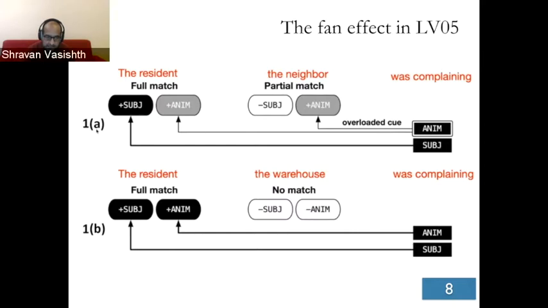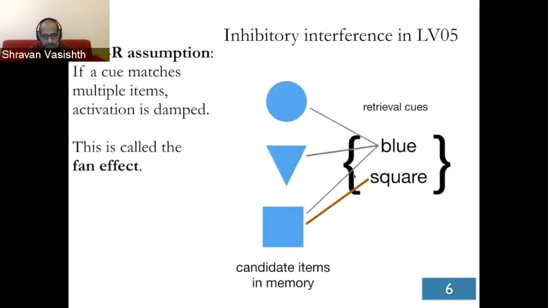In the first condition, 1A, where you have resident and neighbor, one of the features matches both of the nouns. The animacy feature matches both of the nouns. This is what causes the fan effect. The other feature, subject, matches the subject perfectly. This is the kind of situation that leads to increased processing difficulty at the verb in 1A versus the baseline condition 1B. So that's one interesting application of this fan effect in ACT-R in online sentence processing.